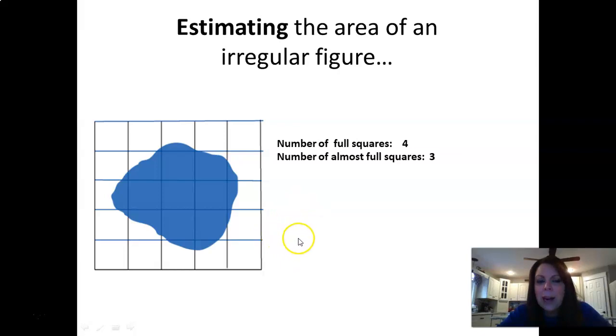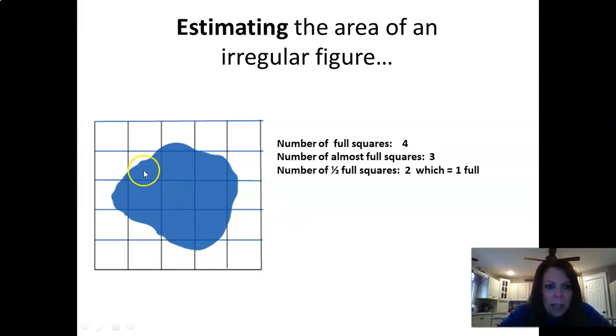And then we would want to count the ones that are almost full. So here's one that's almost full, this one's almost full, and this one's almost full. So that's 3 additional squares. And then we would count the squares that are about half full, and this one is half full, and this one is half full. So if we took this one and put them together, we would have another full square.